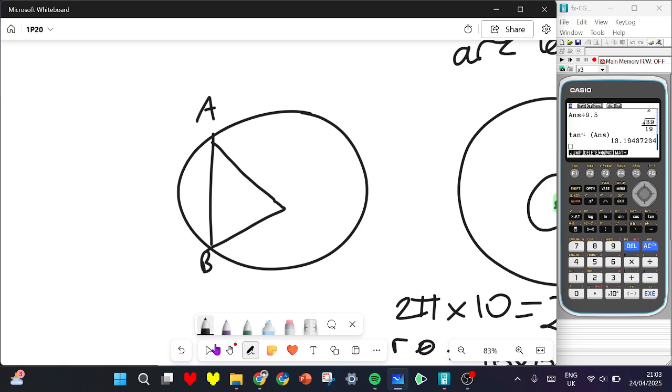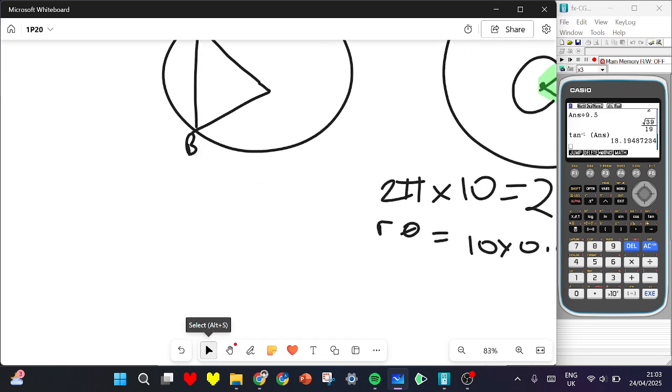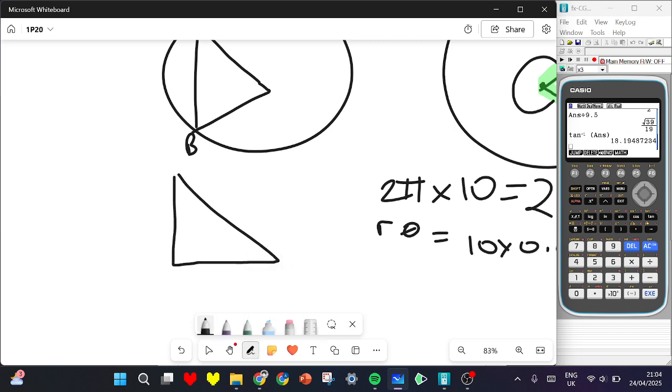Oh wait, I guess I don't need to draw the circle, just the triangle part. I'll just draw the top half since they're both the same triangle. We know from part A that the y of this isn't going to change, so it's still going to be root 39 over 2. The x is going to be, we know from the origin to where A and B are, that's 9.5, and then the center of the circle is 15.